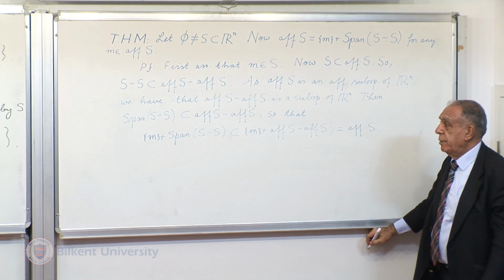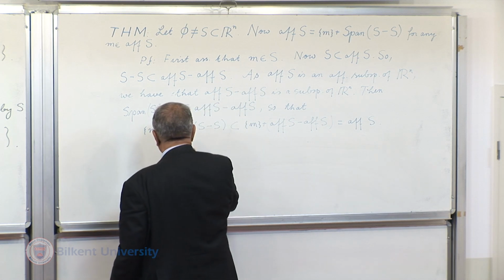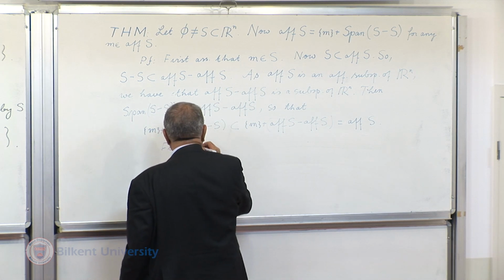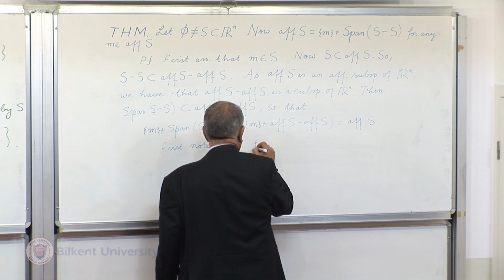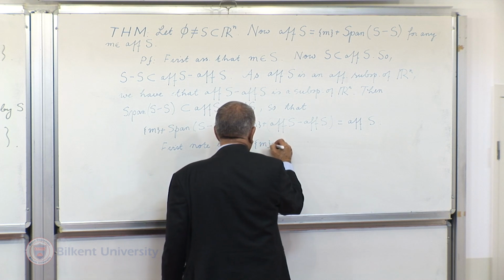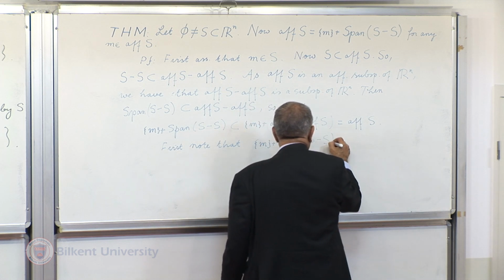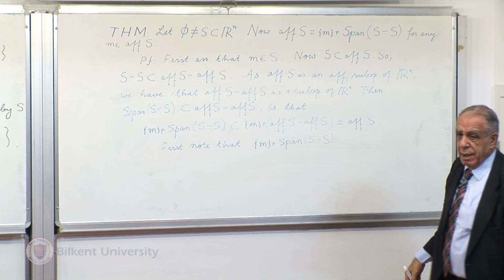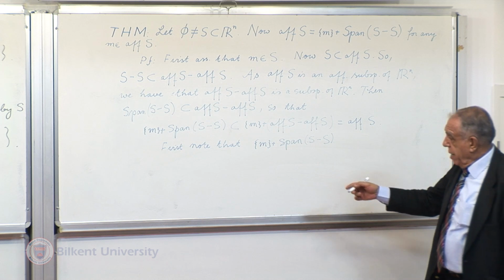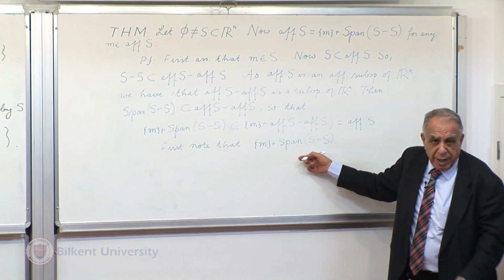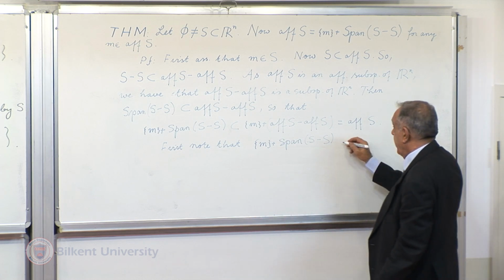Now let's do the converse as well. First, note that, what can we tell about this set? Span S minus S is a subspace of Rn. So this is an affine subspace of Rn. It's just a singleton plus some subspace.